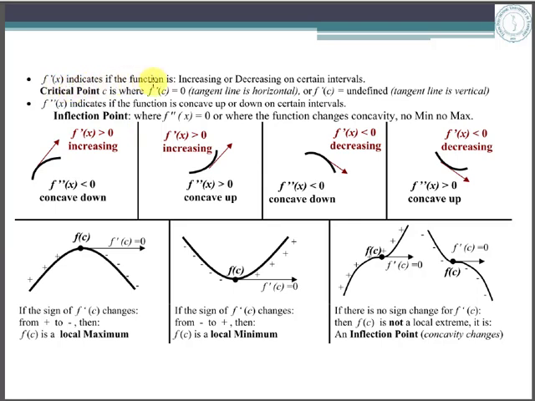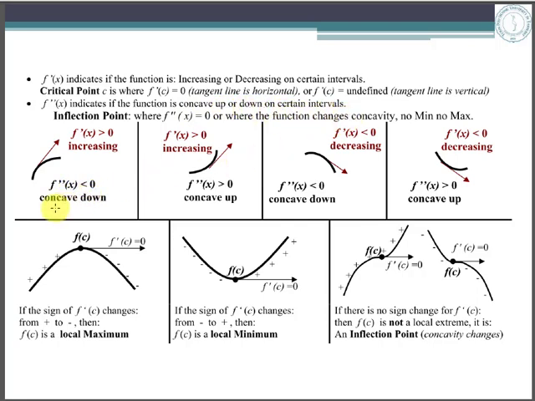It indicates the increasing or decreasing on certain intervals. We can define that easily with the first derivative, and firstly we need to define, of course, the critical points. And the second derivative indicates if the function is concave up or down on certain intervals.